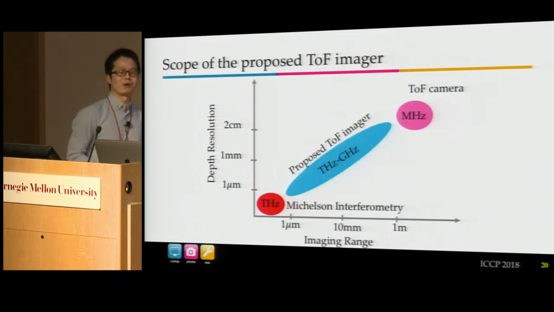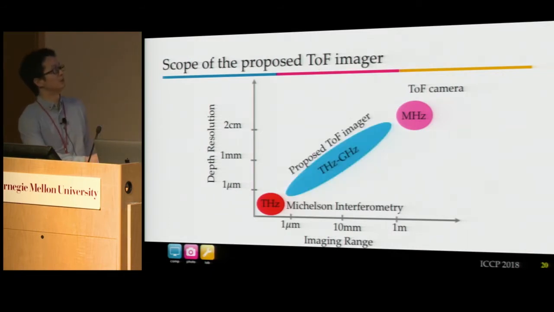This is what we want to do: can we propose a time-of-flight imager with a modulation frequency between these two? Our initial idea is, can we combine these two different techniques? Can we use interferometry to generate gigahertz or terahertz frequency?